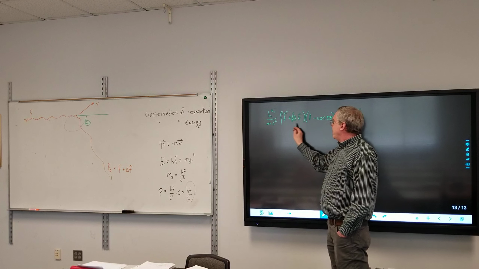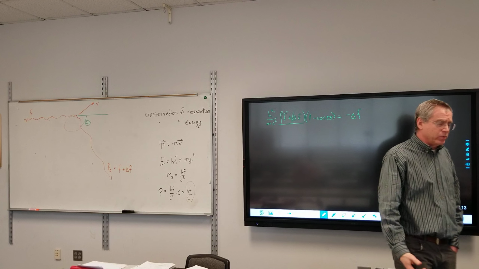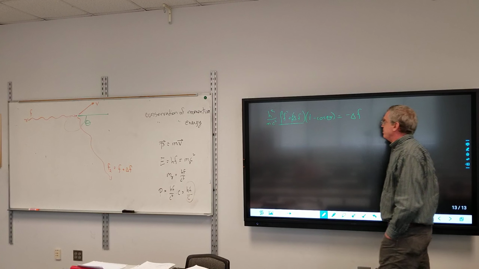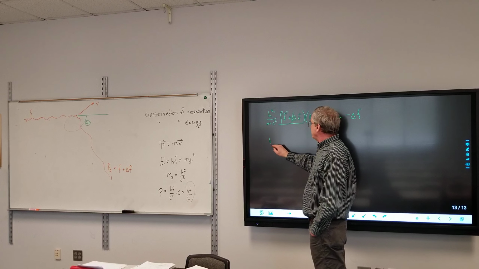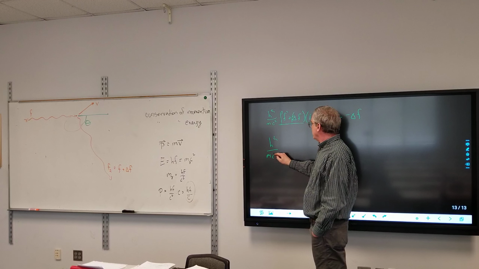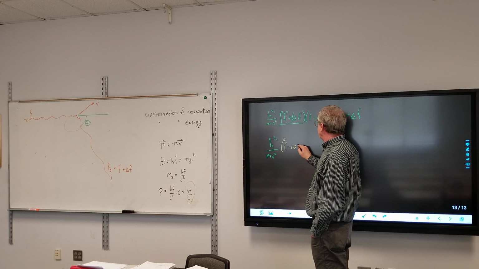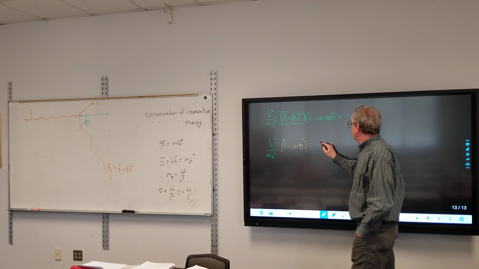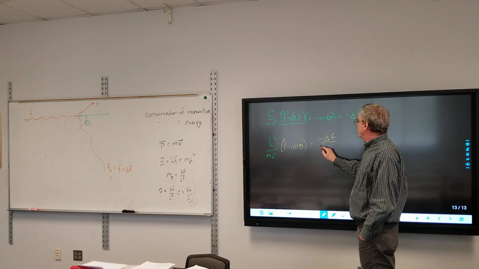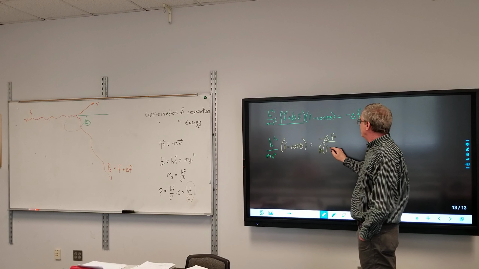I'm now going to divide by this. It's now a matter of what form do we want the final thing in. So I'm going to divide by this, so I get h squared over mc squared times 1 minus cosine theta equals negative delta f over f times f plus delta f.